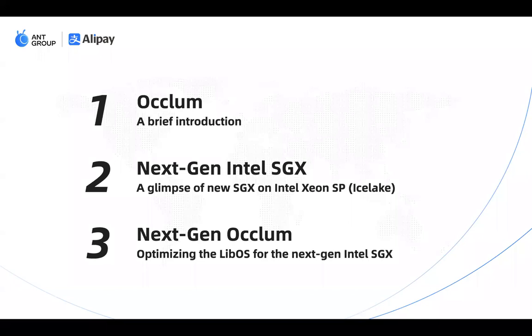The third part is the main part of this talk. It's about how we have started this new product called the next gen Occlum, in which we have optimized the LibreOS for this new generation of Intel SGX and achieved some very good performance numbers.